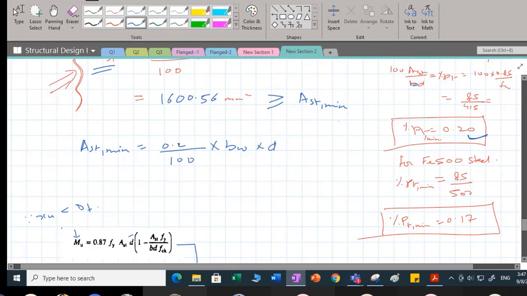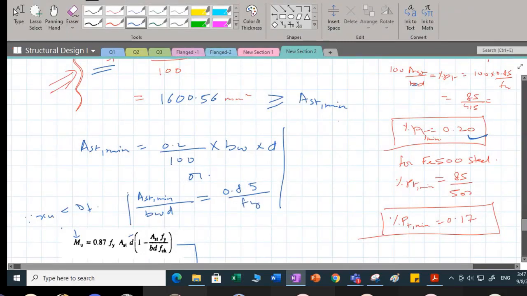Or if you are not very comfortable with this 0.2%, you can write AST min by BW D equal to 0.85 by Fy.